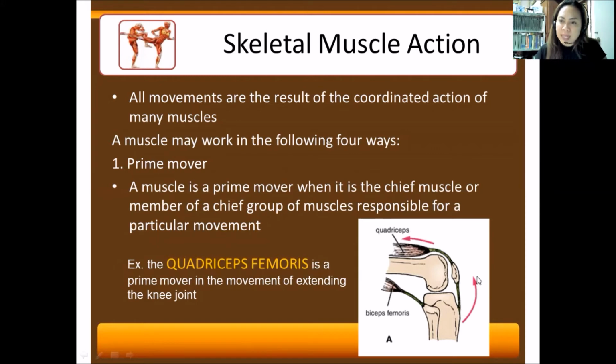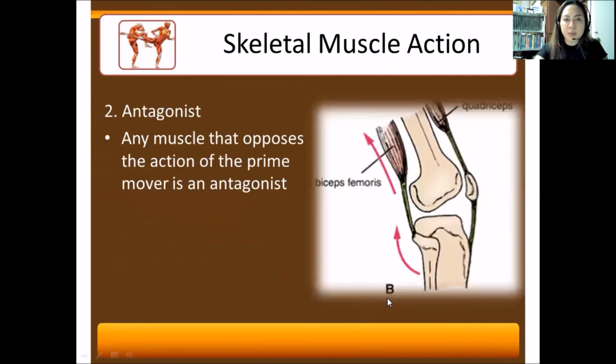So when we extend the knee, ang nag-work pala na muscle, ang prime mover pala is the quadriceps femoris. Okay? Siya ang prime mover.